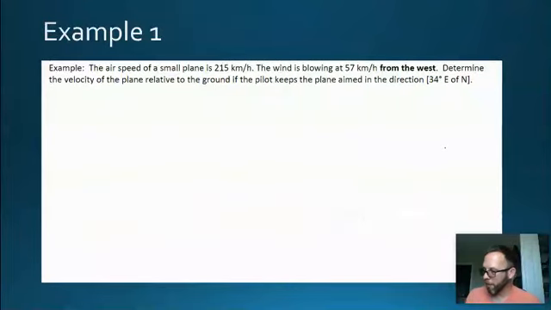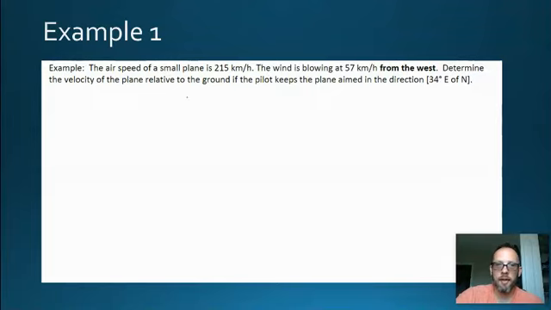So here's our first problem. We are going to look at an example of an airplane. The airspeed of a small plane is 215 kilometers per hour. And the wind is blowing at 57 kilometers per hour from the west. So the wind is coming from the west and moving towards the east.